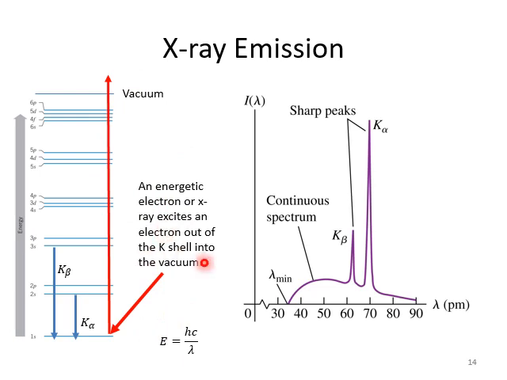So what are we actually looking at here? Something comes in, either an accelerated electron, a high energy electron, or an X-ray, and excites an electron out of the 1s orbital. So that's an electron being excited out. And that leaves an empty state here and a bunch of states up here that actually have electrons in them.